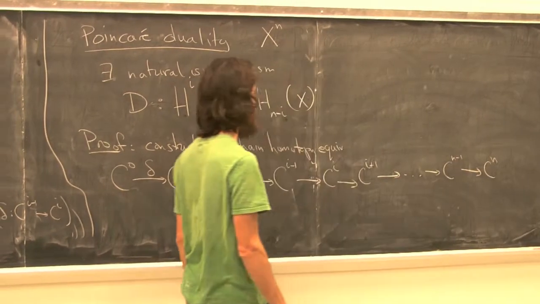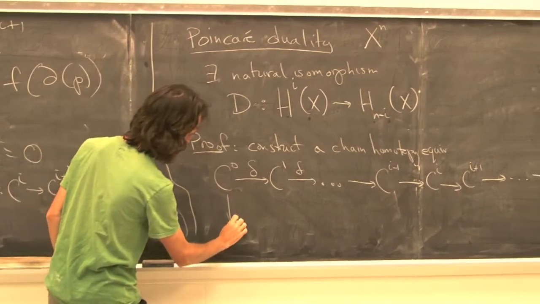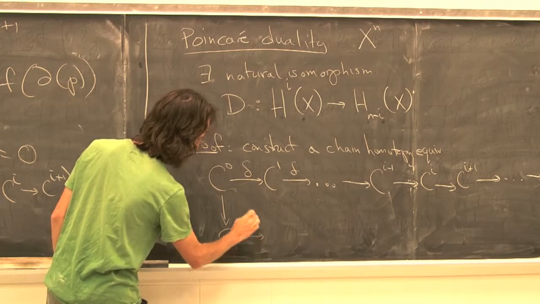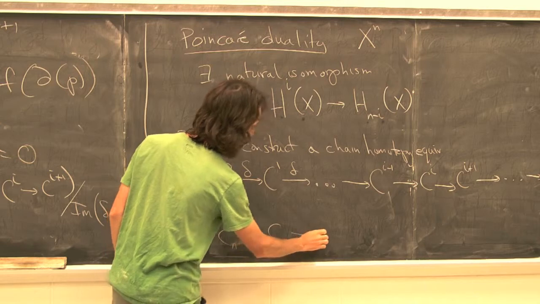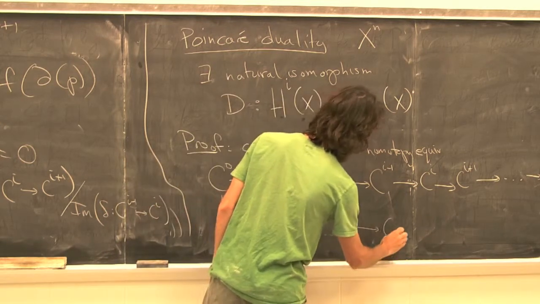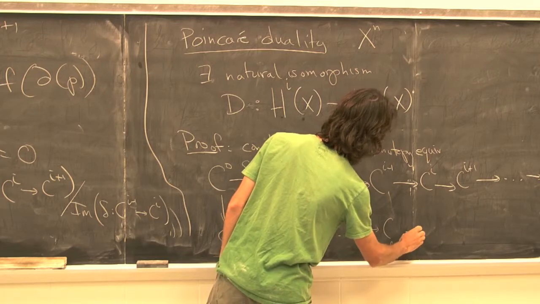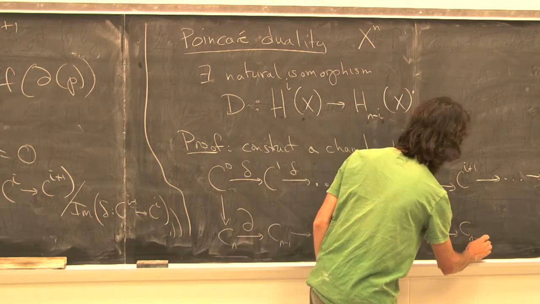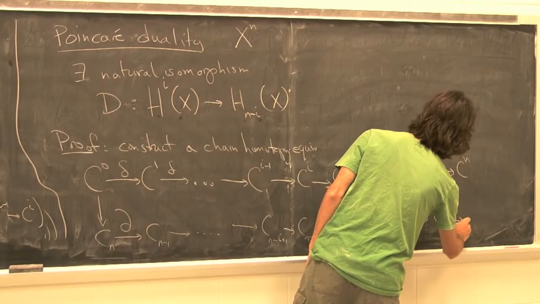That's the co-boundary complex. And then when you construct the chain equivalence, it maps this to C lower n, maps by the boundary map, C lower n minus 1, C n minus I plus 1, C n minus I, C n minus I minus 1, C 0.